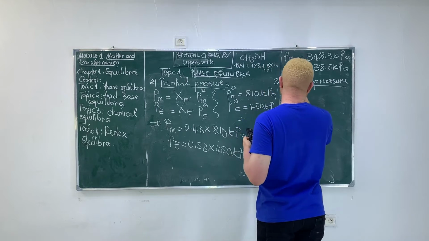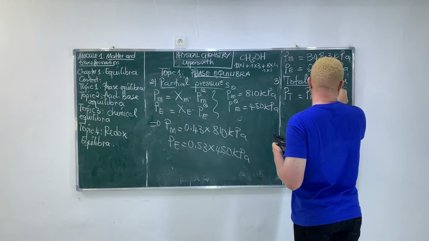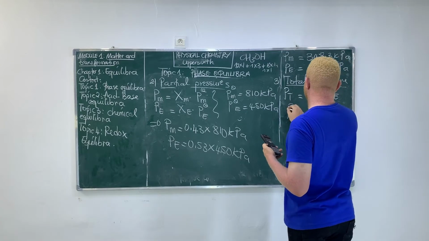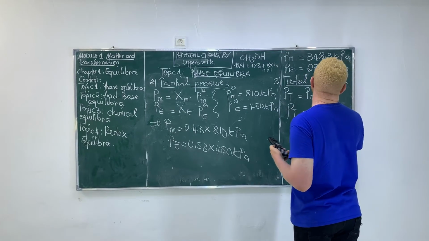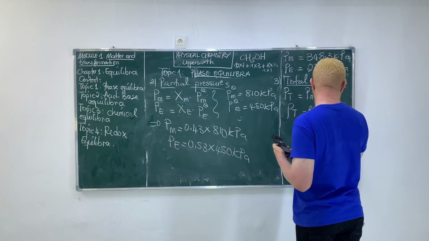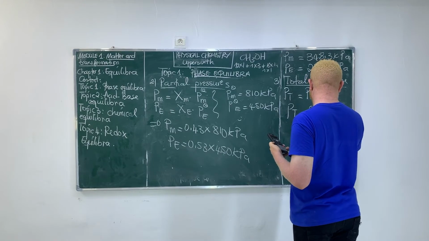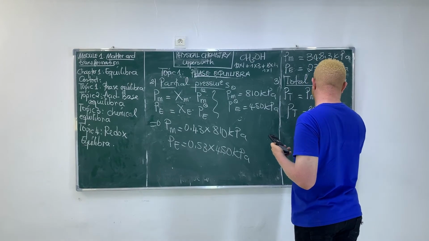P total is equal to P of ethanol plus P of the other component. So P total, we're adding 348.3 plus 238.5.